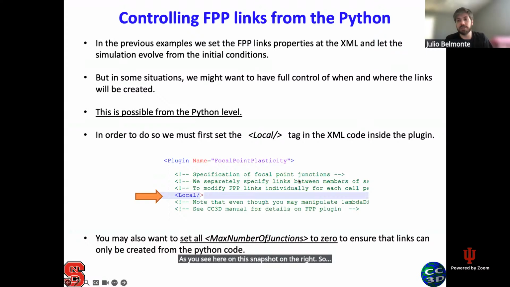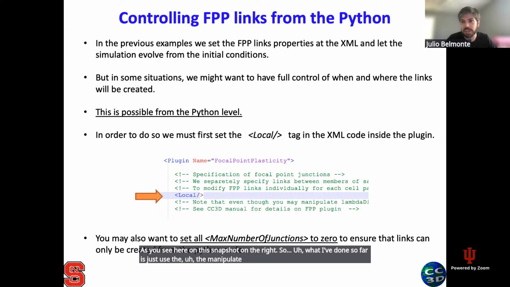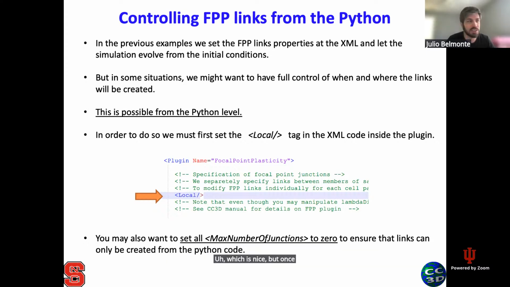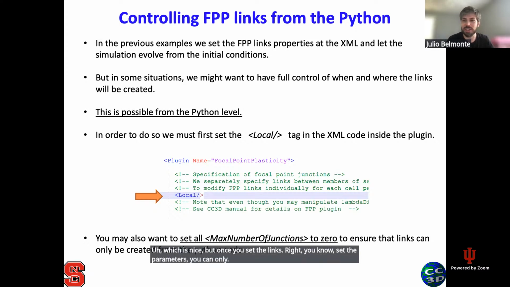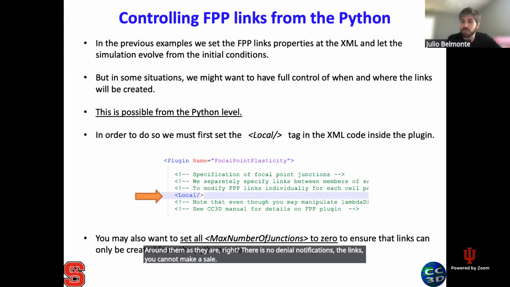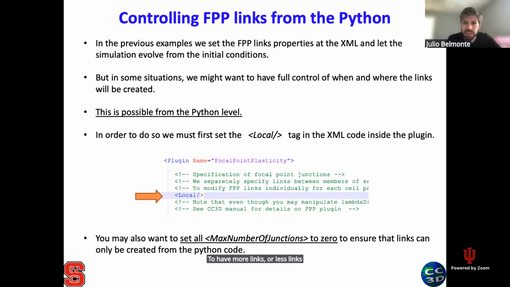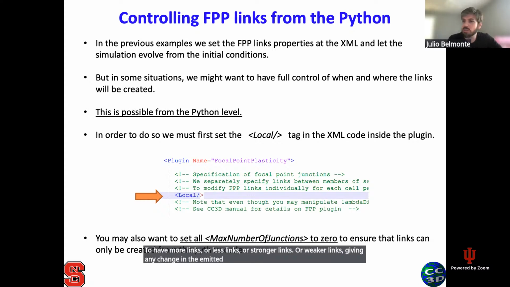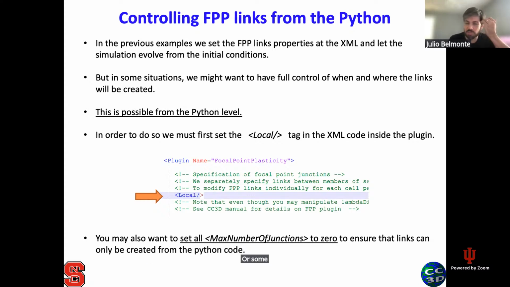What we have done so far is just manipulate the links at the XML level, right? Which is nice, but once you set the parameters, you can only run them as they are. There is no dynamic modification of the links. You cannot make a cell have more links or fewer links, or stronger or weaker links, given any change in the environment or some external input that comes into the model.